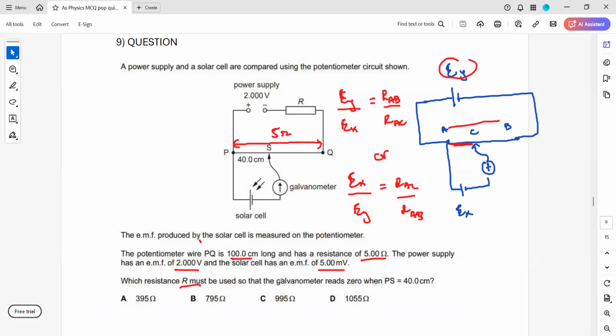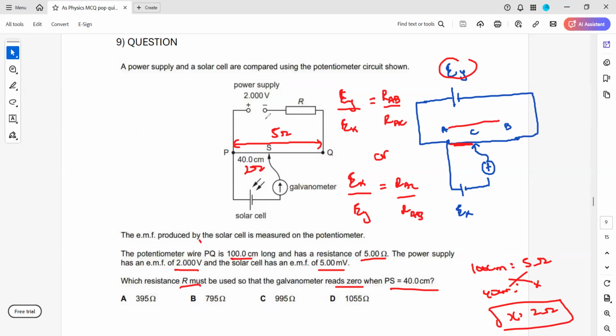Which resistance R must be used so that the galvanometer reads 0? The length is 40 centimeter. If 100 centimeter has a resistance of 5 ohm, then 40 centimeter will have a resistance of X. We cross multiply: 40 into 5 is 200, divided by 100, so it will be 2 ohm. So the resistance of this section of the wire is 2 ohm.